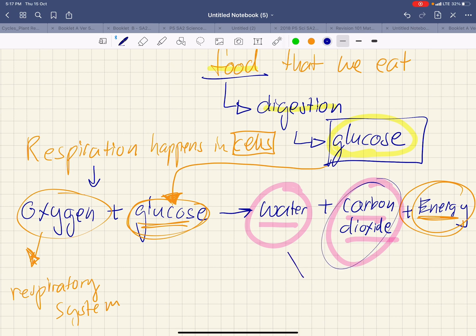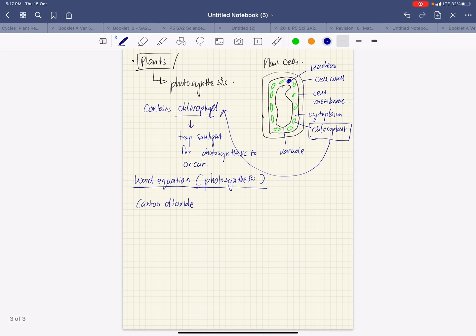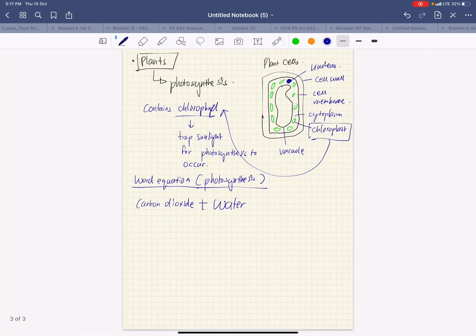However, I'm just going to put here waste products. However, in photosynthesis, it is actually a required item. Similarly for your water, which is a waste product over in respiration, it is actually a raw material that you need for photosynthesis.